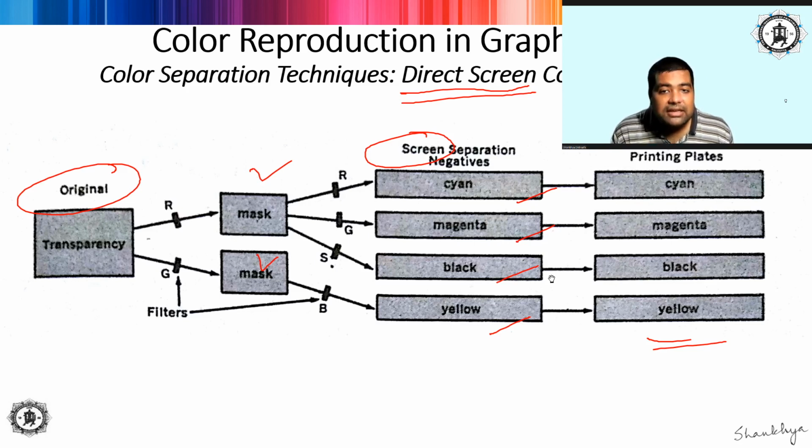Another factor in keeping the costs down in the direct screen method is the speed with which a set of separations is produced. Any means of speeding up the entire process will help cut the cost per separation, and that will definitely help in improving the cost effectiveness of the process.